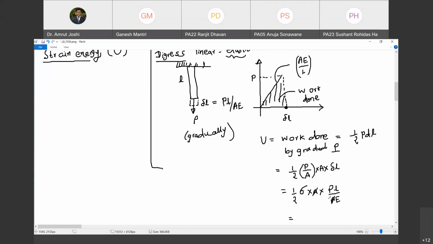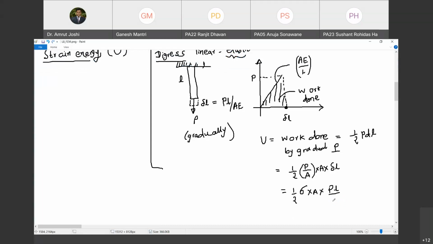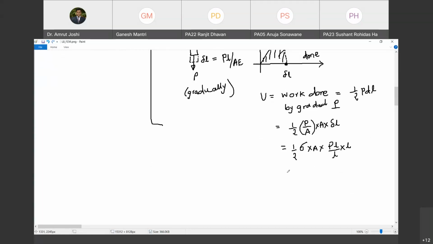Just a minute. So we are taking it in terms of stress and strain, right? If we are taking P as stress, that is P by A, then let us not replace this delta L. Instead of that, what I will do is I will simply divide this by L and multiply it by L. Do you agree with me? Yes, sir.